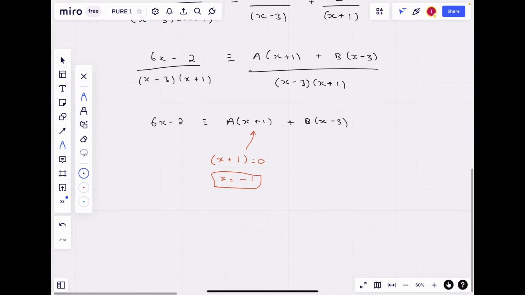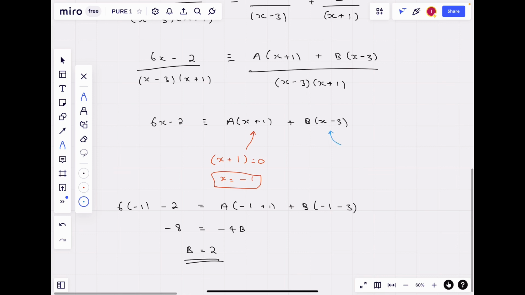So let's try it. 6 times minus 1 minus 2 equals A times (minus 1 plus 1) plus B times (minus 1 minus 3). 6 times minus 1 is minus 6, then minus 2, so minus 8, equals minus 1 plus 1 is 0. So that eliminates that A entirely, and I'm left with minus 4B on the right hand side, which means B equals 2. I've worked out one constant.